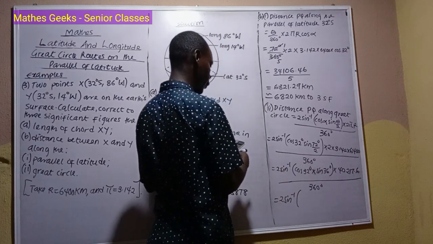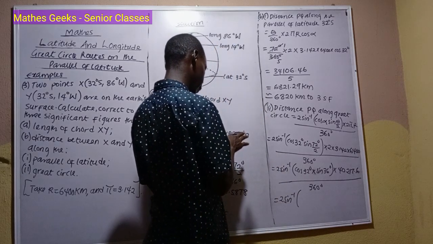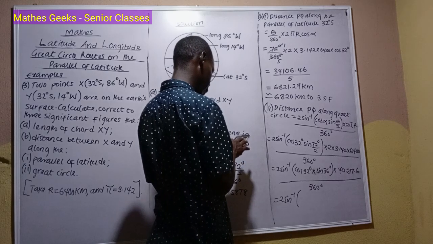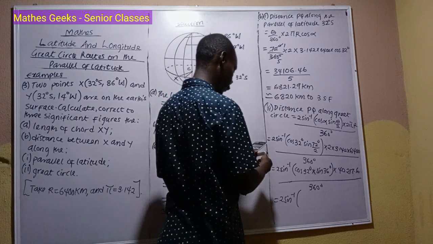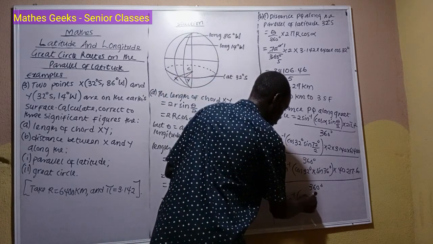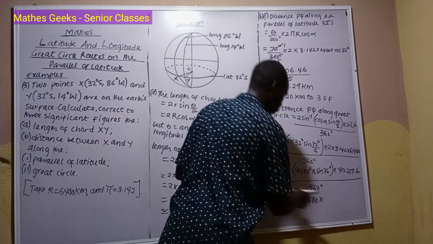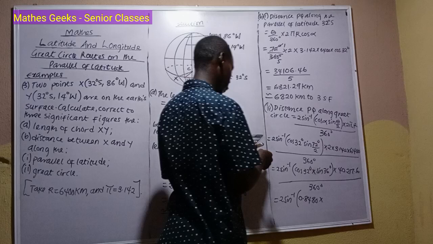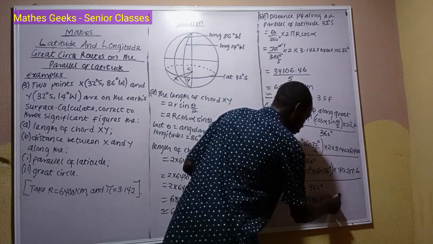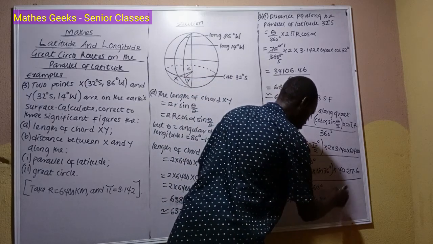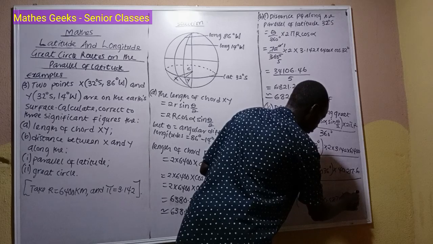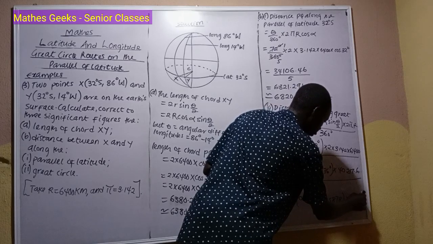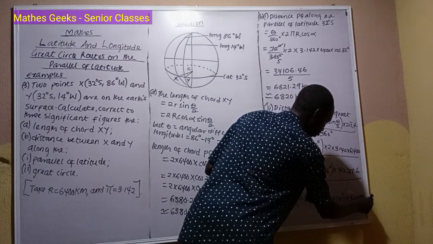Cos 32 is 0.8480, times sine 36, 0.5878, times 40217.6.